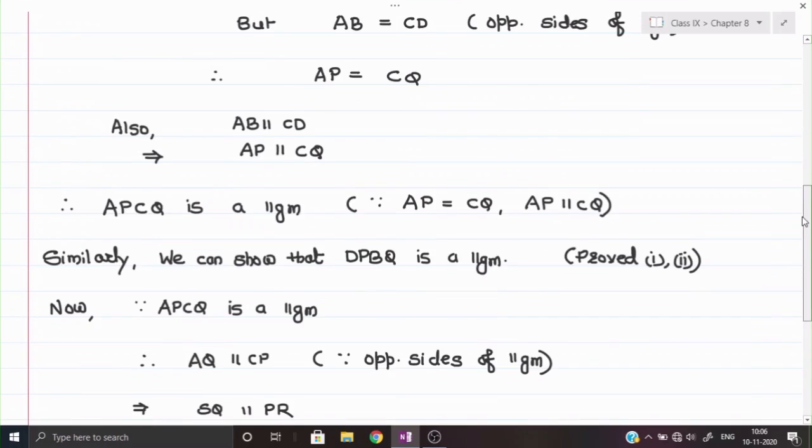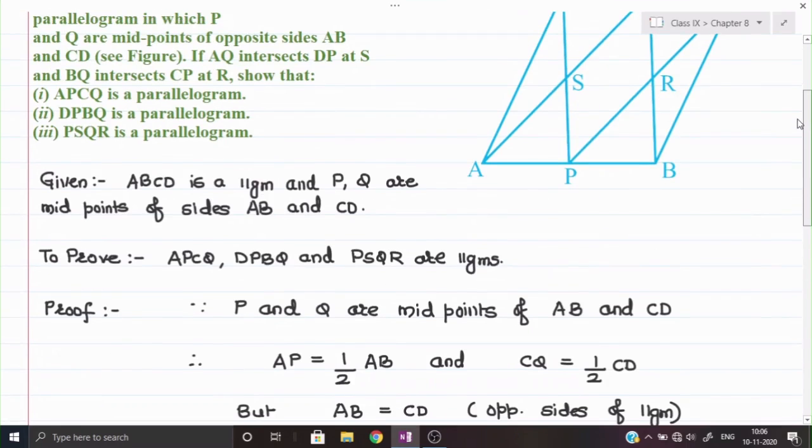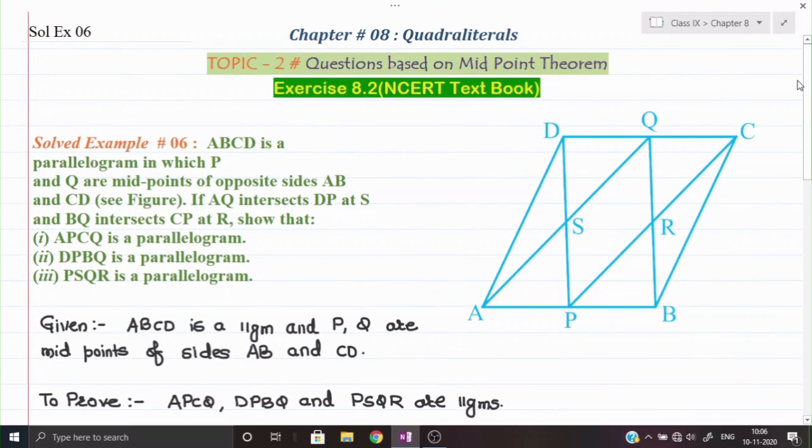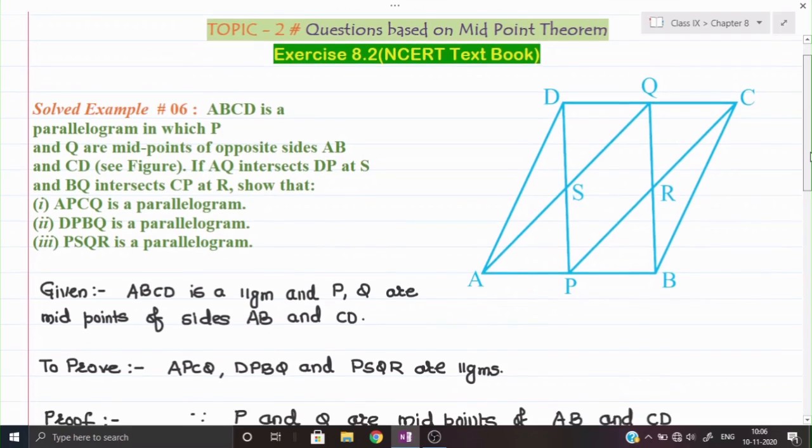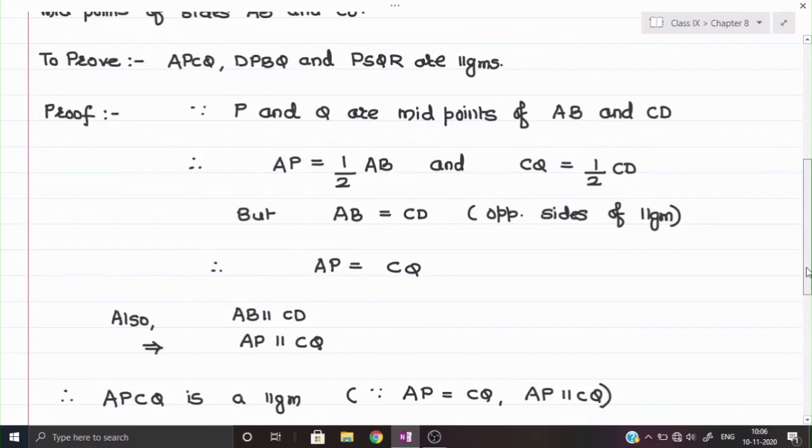Observe, I have taken DPBQ. In DPBQ, if I take DP parallel to BQ, I will get PS parallel to QR. So we can say here, first of all we shall write down: DP is parallel to BQ.